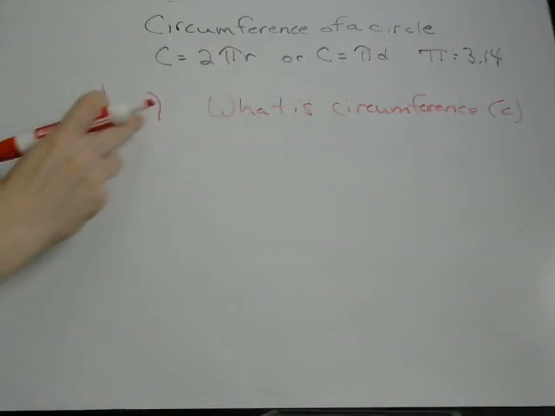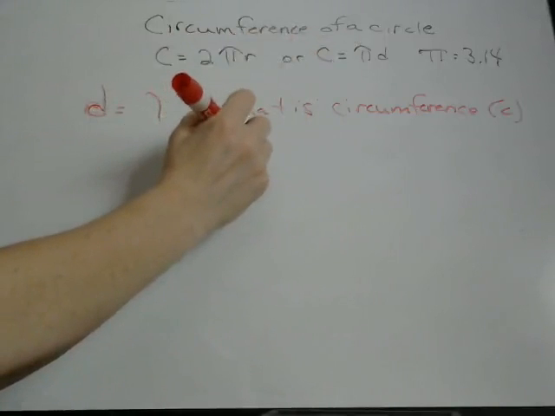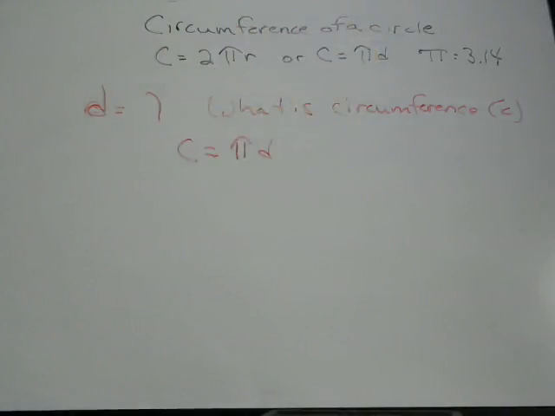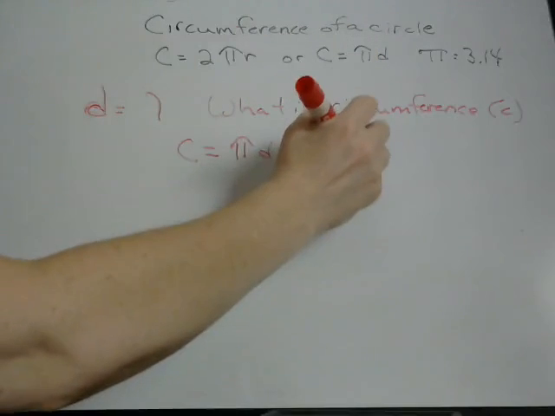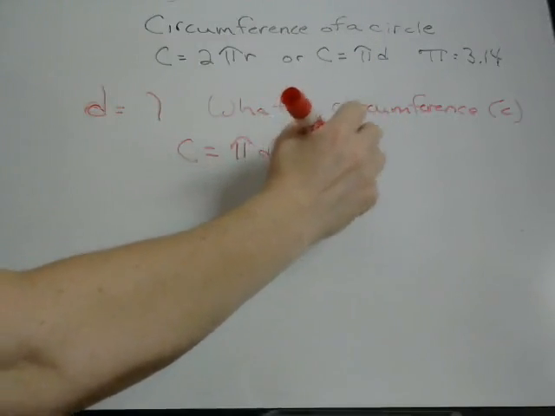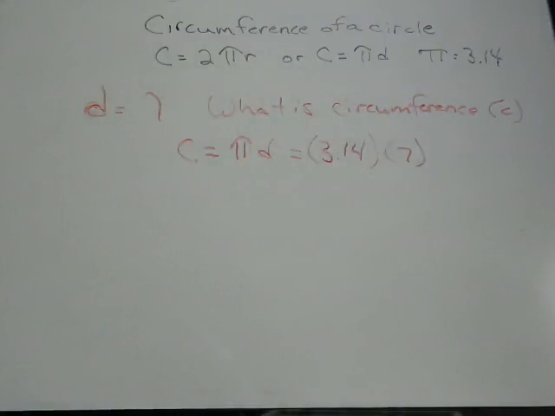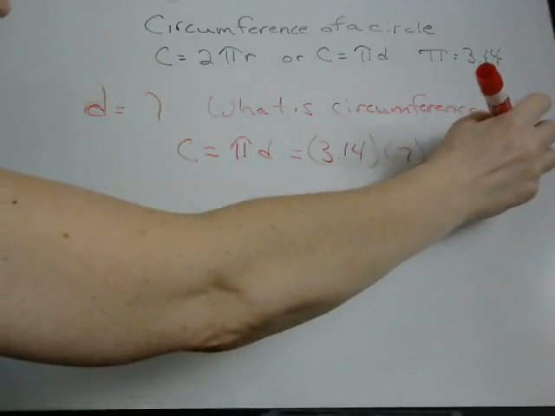So if the diameter is 7, what's the circumference? Well, circumference equals pi times diameter. When these two are written beside each other, that means multiplication. So you need to get your calculator out. Remember, pi is just 3.14, so that's 3.14 times the diameter, 7. You plug that into your calculator, and you get 21.98.